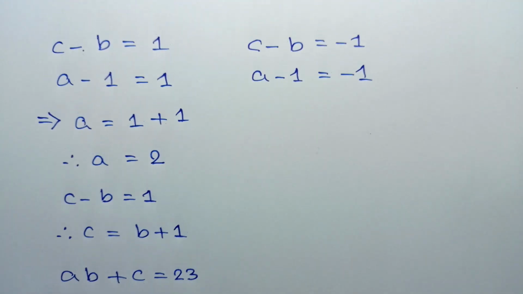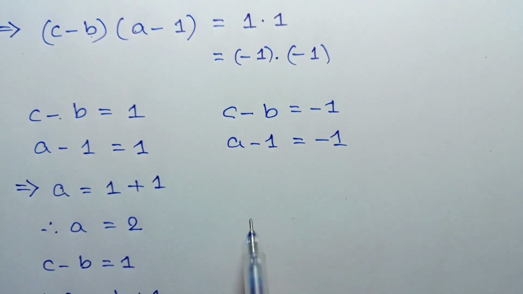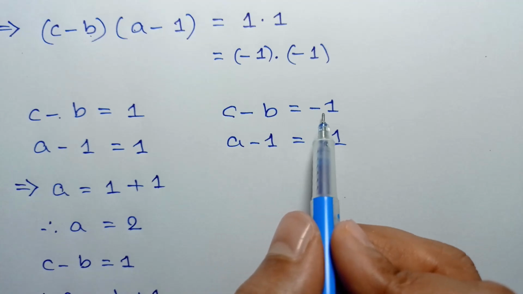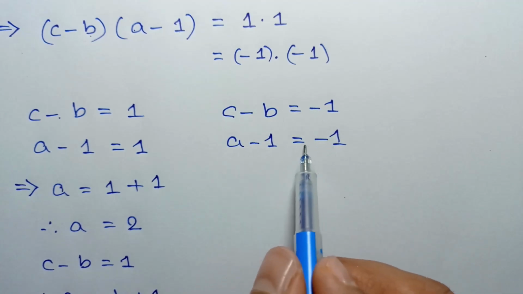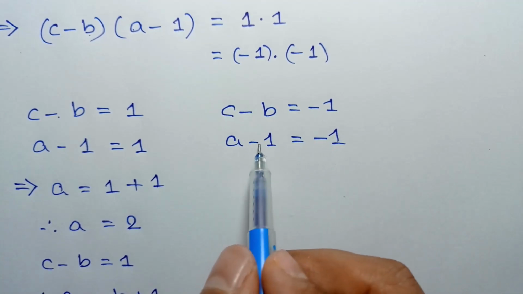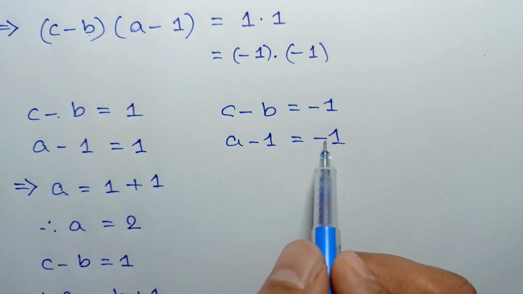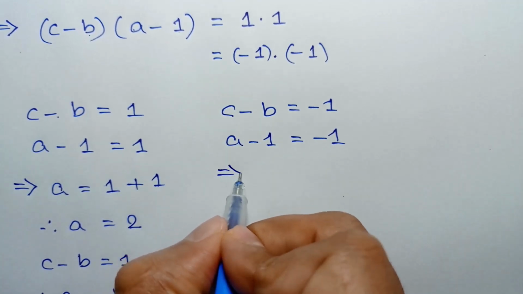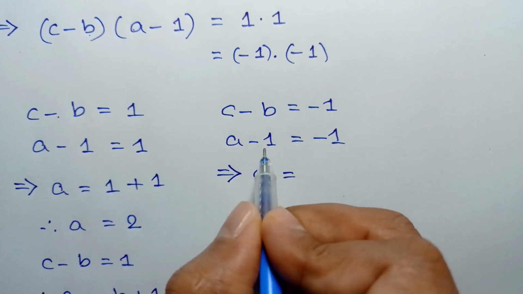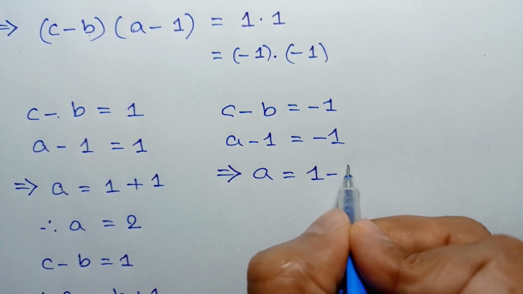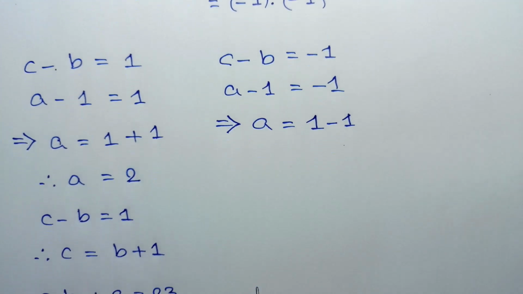Again, we have C minus B is equal to negative 1 and A minus 1 is equal to negative 1. Now taking this negative 1 to the right side, we can write A is equal to 1 minus 1.